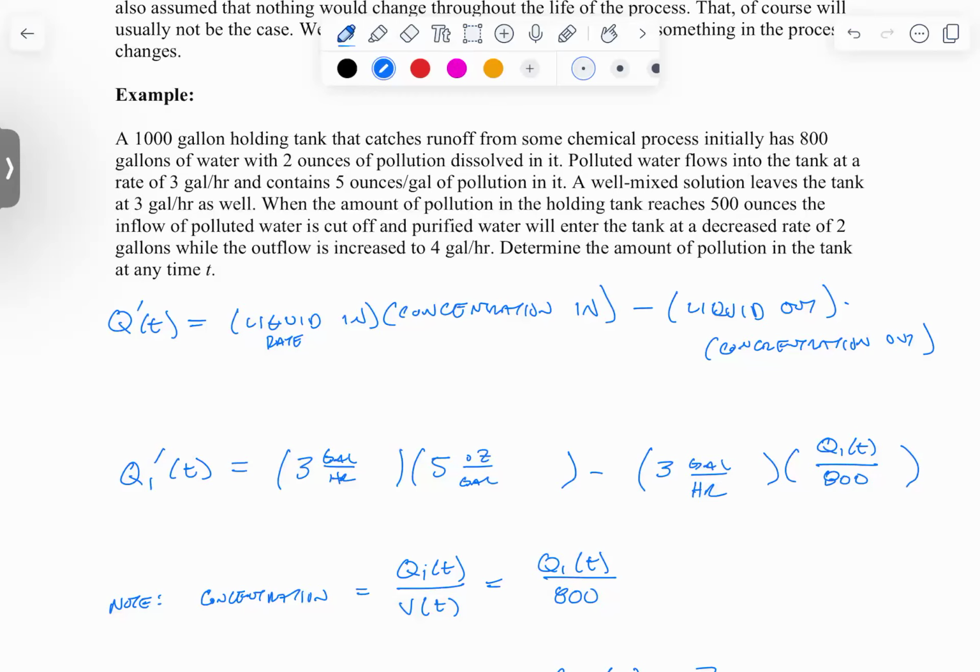Or is it 2? Purified water will enter the tank at a decreased rate of 2 gallons per hour, decreased from 3, a difference of 1. So it is now coming in at 2 gallons per hour.